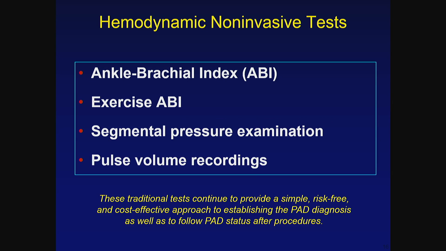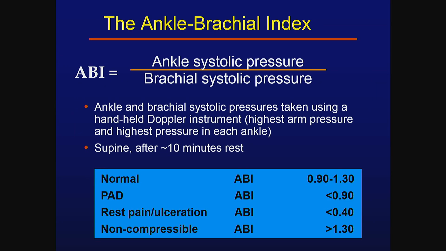The ankle brachial index is obtained by measuring the pressure in the brachial artery as well as in the posterior tibial and dorsalis pedis artery using a handheld Doppler instrument.